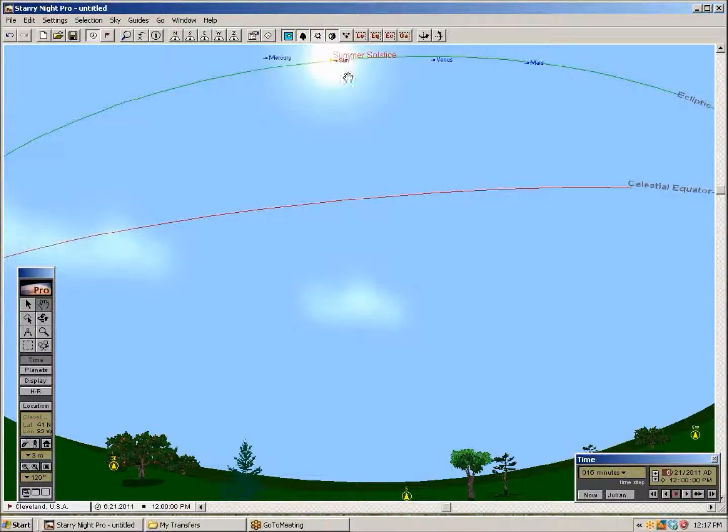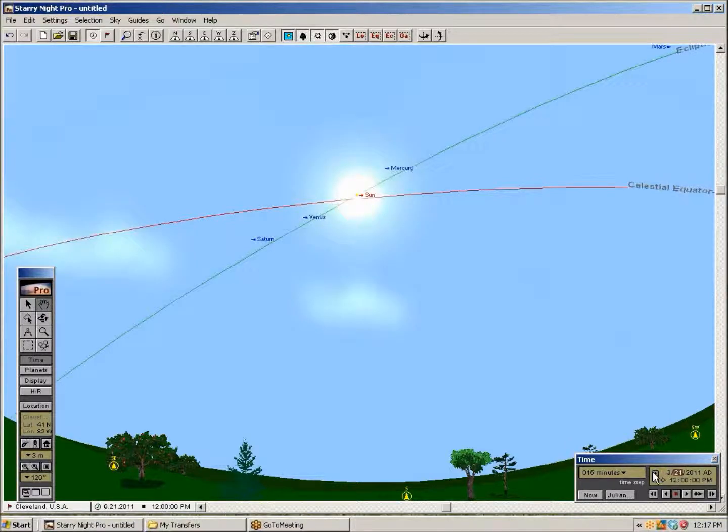And this again is its greatest distance between the two great circles, and the sun is yet again higher in the sky than it was at the equinox. And then when I go to the autumn equinox, here we are again at the intersection of these two great circles, and the sun has begun its descent in the sky.